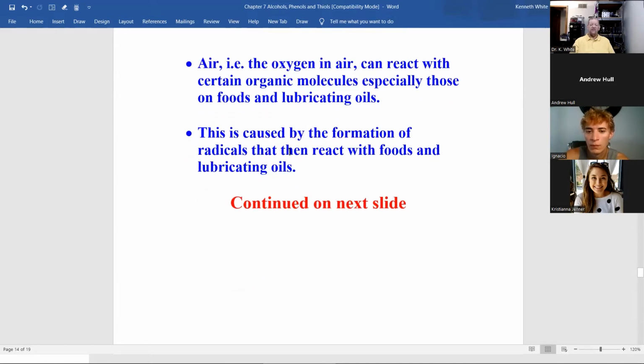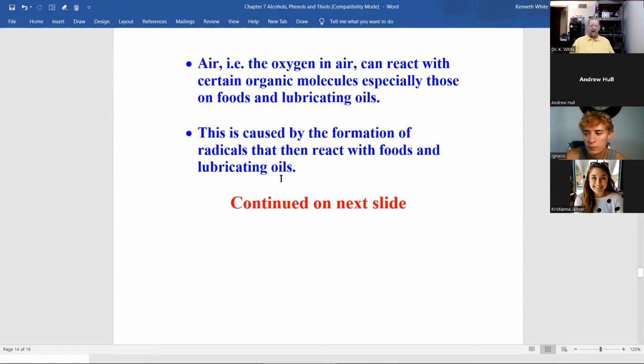And this causes what's called radicals. And radicals, when they are formed, are very reactive intermediates. I could do a whole semester course on the chemistry of organic radicals. It's that interesting of an area. I'm obviously not going to. And they break down the food and lubricating oils.